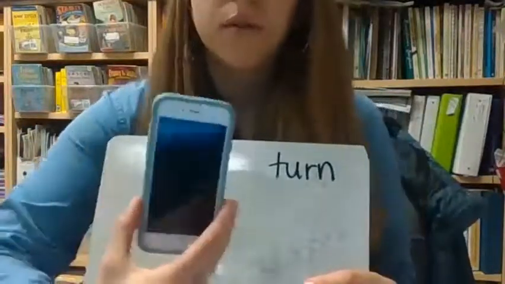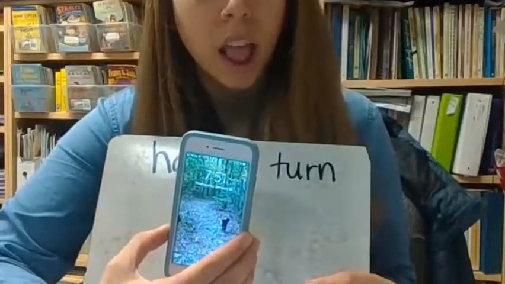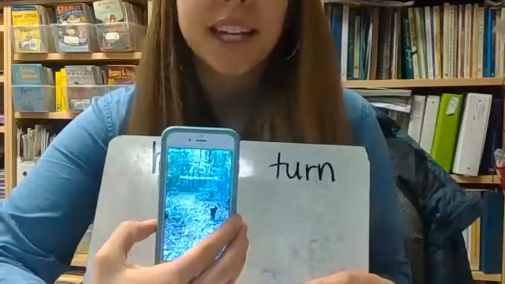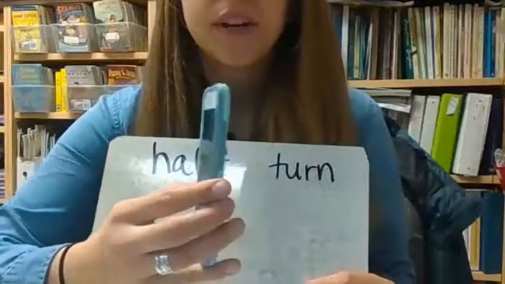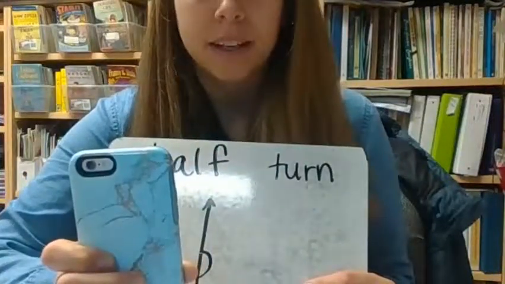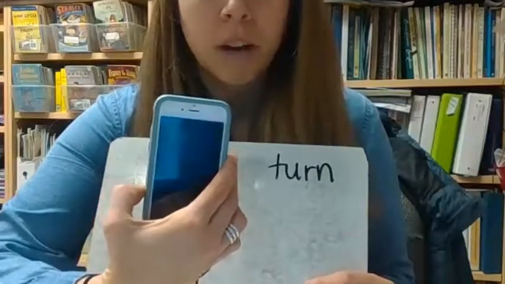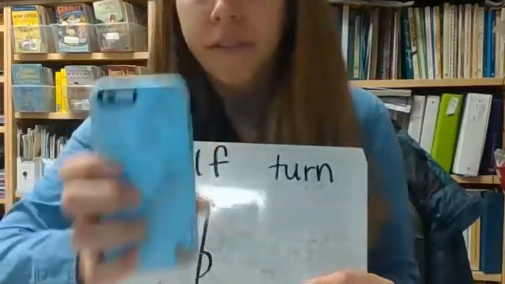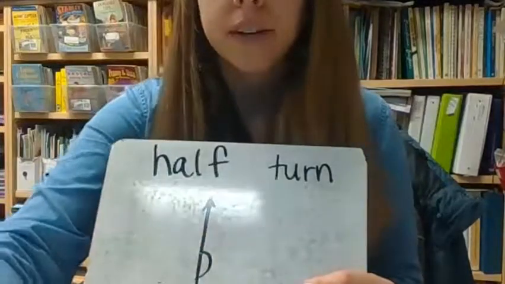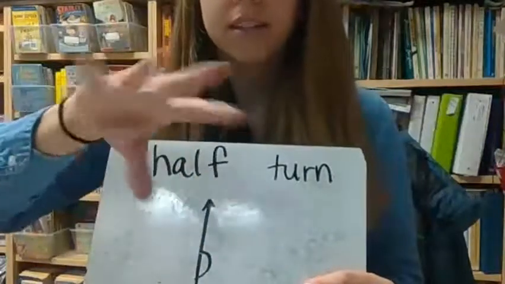If my phone was facing you, and again, it said hello, and I did a half turn, it would be turning exactly opposite. This is where I talked about snowboarding. They're going on the mountain and then they just flip. So a half turn is a flip. It goes halfway. It doesn't turn the whole way around.